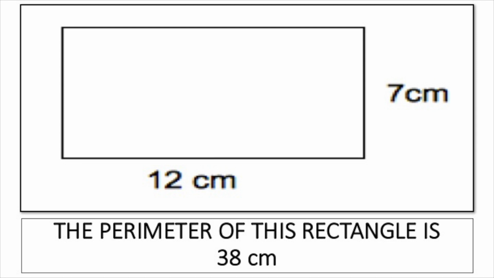The perimeter of this rectangle is 38 centimetres. Okay, so the formula for doing it: length plus width, and take that number times by 2. Any questions, guys? Okay, that was brilliant. Very well done.